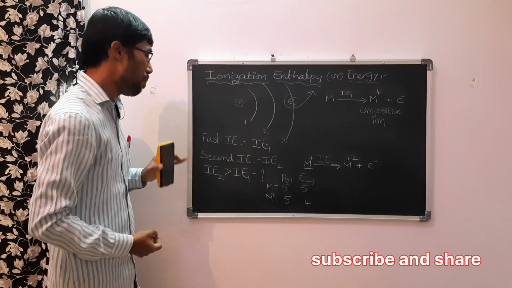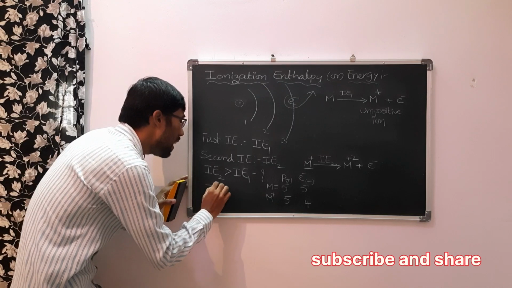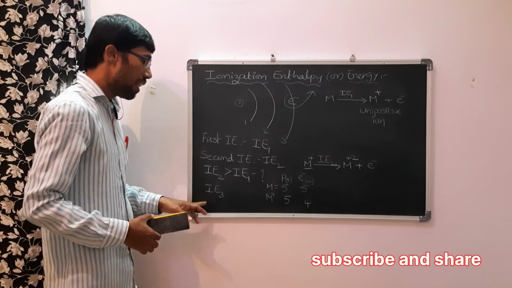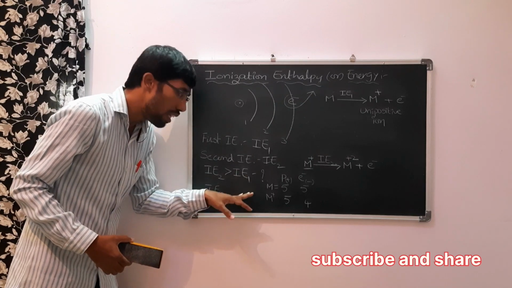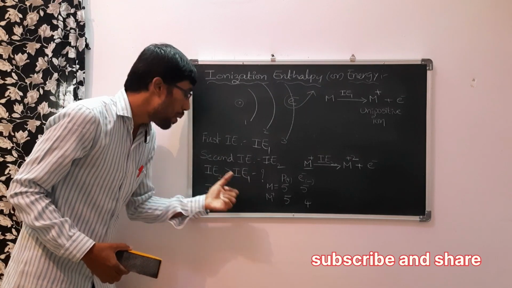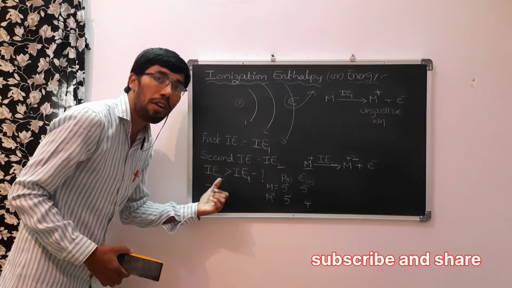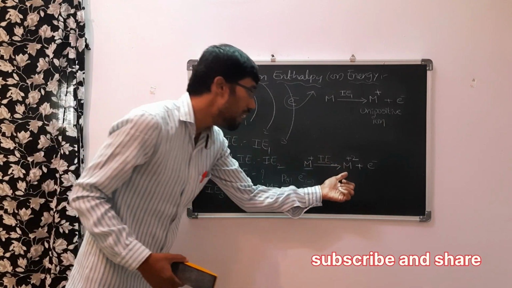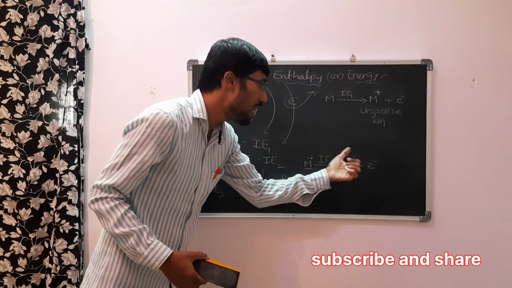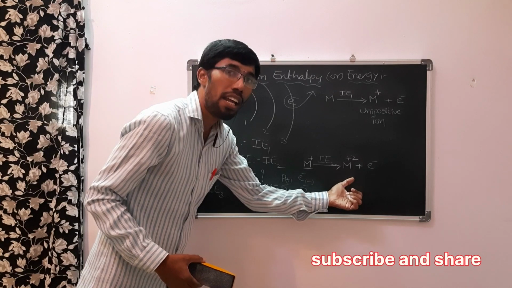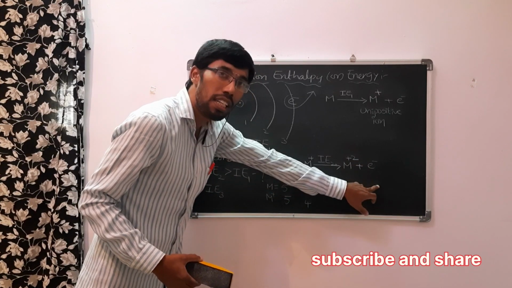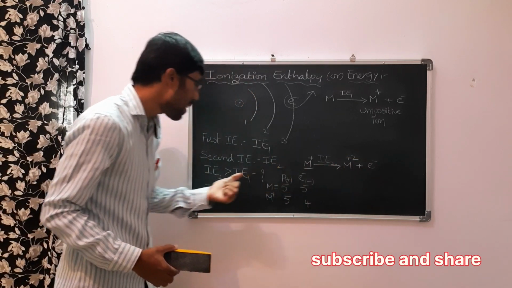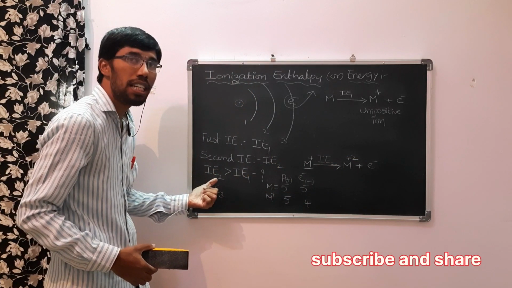Now the third ionization energy is the energy required for the removal of an electron from the bivalent ion. After removing the second electron, we get the M plus 2 ion, known as a bivalent ion. Removing an electron from this bivalent ion requires more energy compared with the second ionization energy.